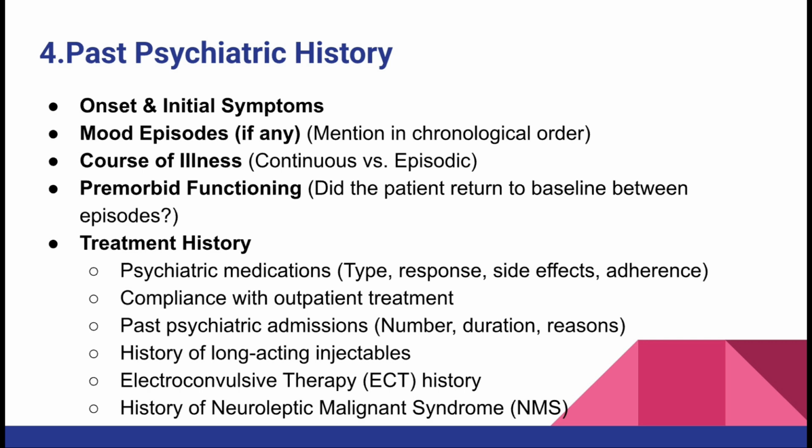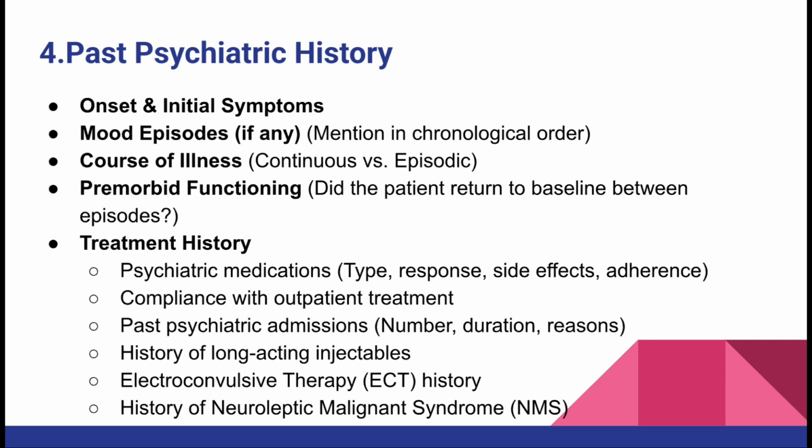We need to ask about psychiatric medication, what was the type, whether it was injectable or oral, were there any side effects, what was the overall response to the medication, and was there any adherence to it or not. We may also ask about any psychiatric admission that the patient had, the number of admissions, their duration and reasons.